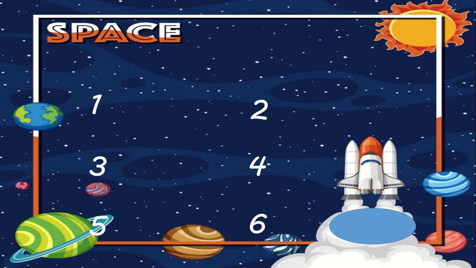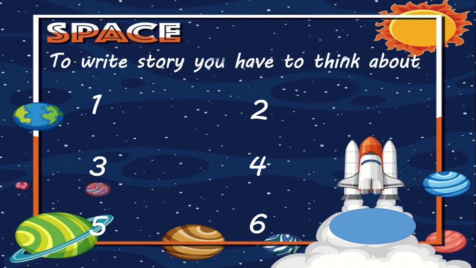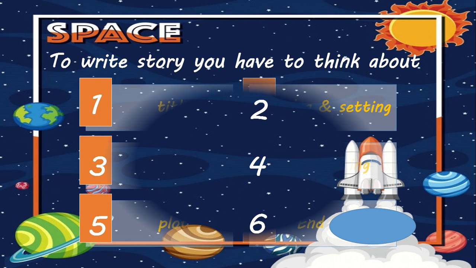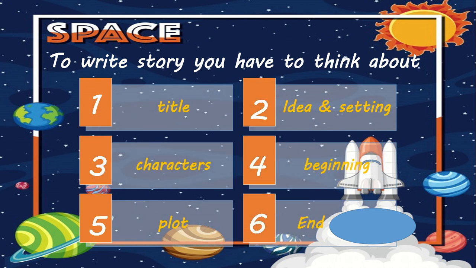Here, I want you to remember something when you want to write a story. You have to think of the title of the story, the idea and setting where the story happened, the characters, who are the characters in these stories. For example, today we will have Benny and his dog.